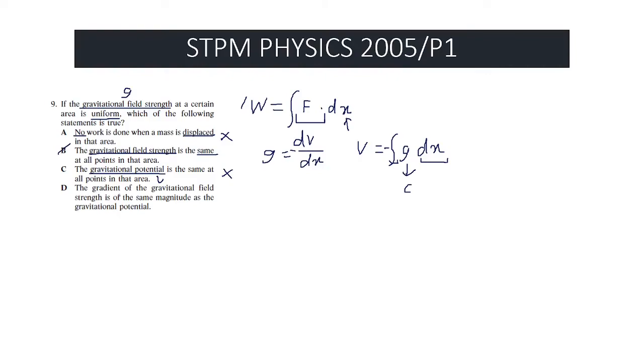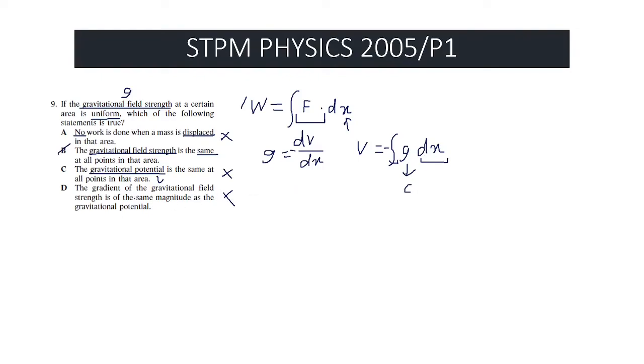And the D, the gradient of the gravitational field strength is of the same magnitude as the gravitational potential. Wow, this is also incorrect. Actually, this D makes no sense, because the G here, the gravitational field strength, is the gradient of the gravitational potential with respect to x, dx.